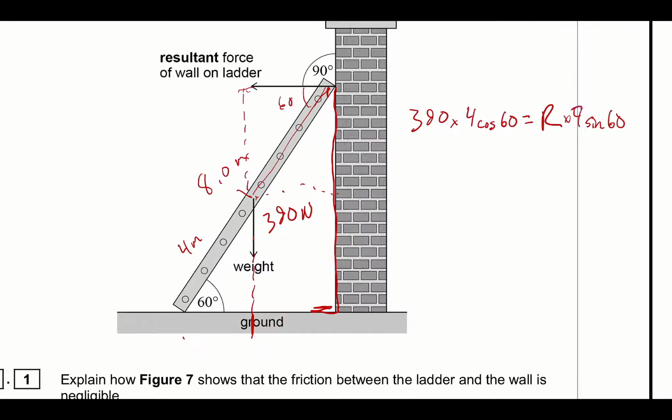And that's 8 times sine 60. So R is 390 times 4 cos 60 divided by 8 sine 60.